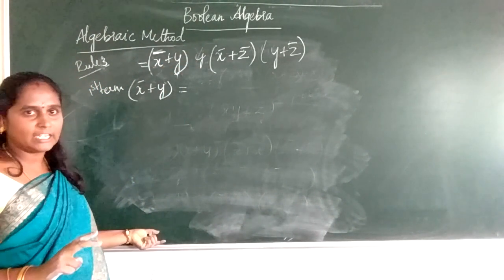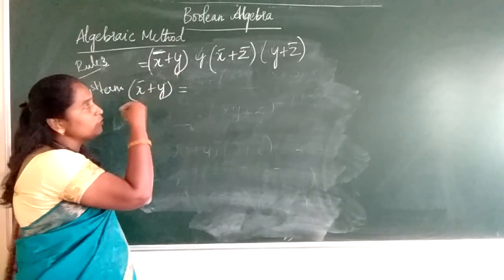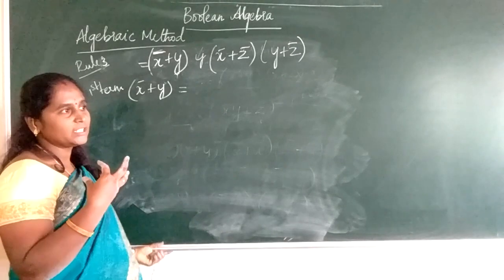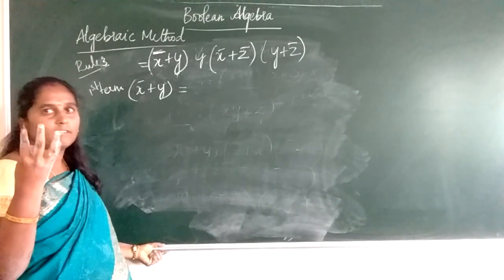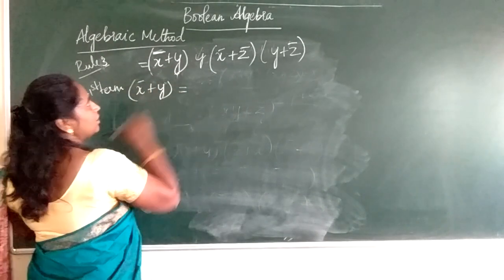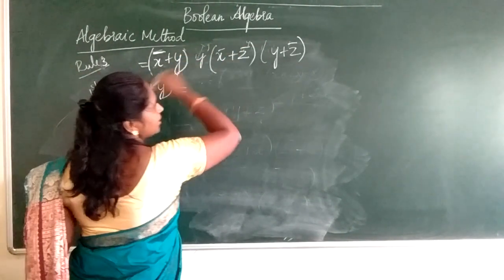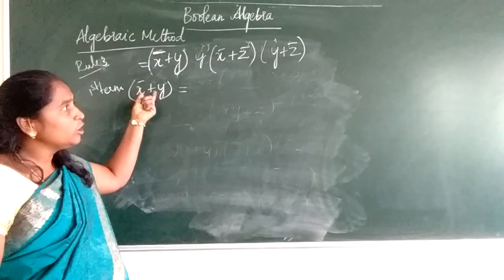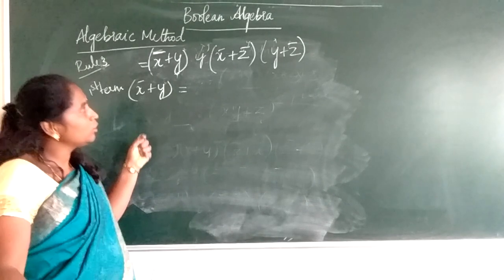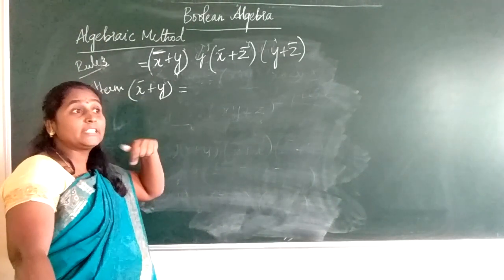What the third rule is telling is, each sum term should contain all the variables, that is you are going to add all variables. See here, in this particular term z is missing, here x and y are missing, here y is missing, here x is missing. So according to your max term rule, you add your missing term plus missing term bar.